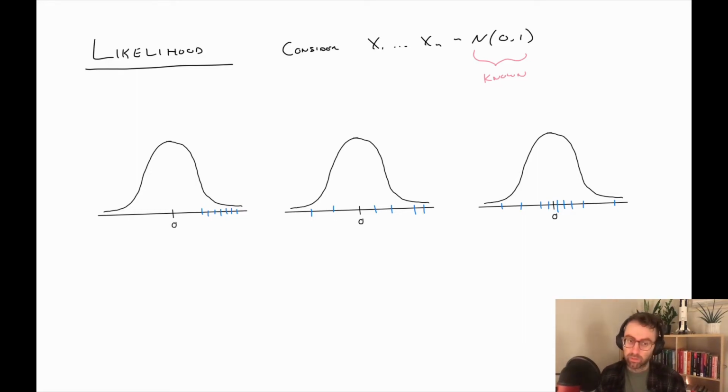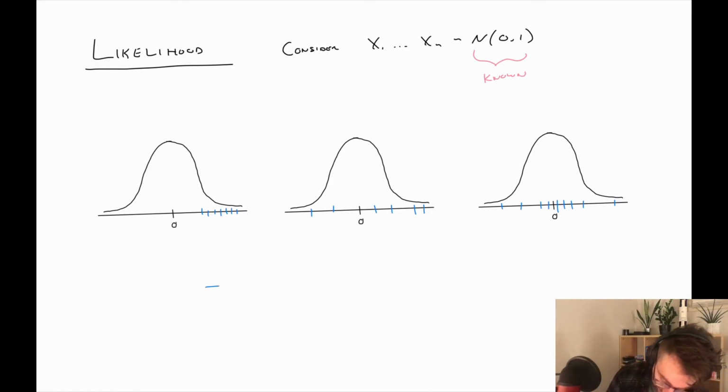Now, if we move one to the right, this seems a little bit more likely because we've seen some observations below zero and some above zero, except they seem a little too spread out, occurring almost uniformly in that area. And then all the way on the right, now we have more points in the higher density regions, but we still have some points in the lower density regions. This seems like the most likely sample of these.